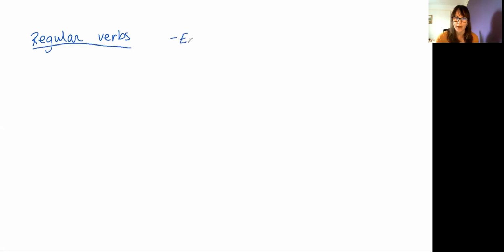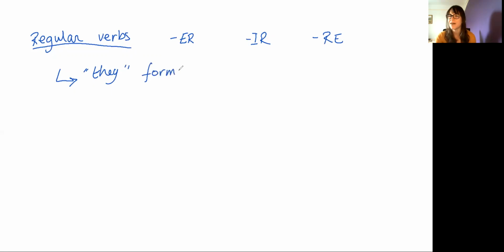So remember, in the regular verbs, we have the ER, the IR, and the RE verbs. To create the subjunctive, we are going to need the they form of the present tense. Remember when we did the imperfect, we used the we form of the present tense.